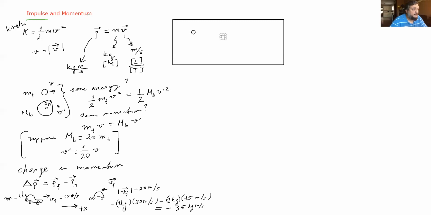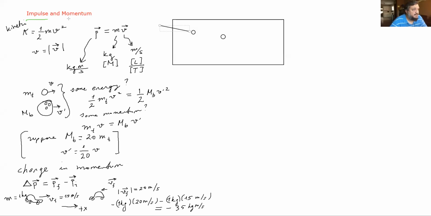Okay, now you hit this with the stick, all right, giving it an initial velocity.